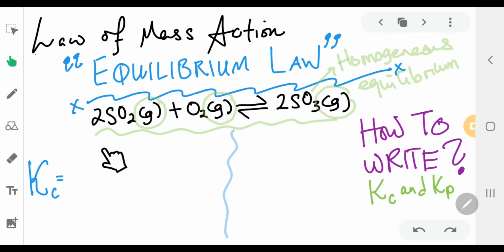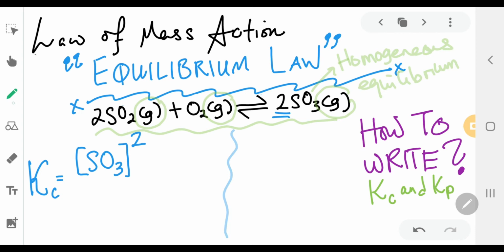Therefore, what you're going to write here is the concentration; we're going to use square brackets for concentration, SO3, and you're going to close that bracket. Remember, for concentration, it's going to be square brackets. And then look, right there, you have 2 in front. So you're going to put to the power of 2.